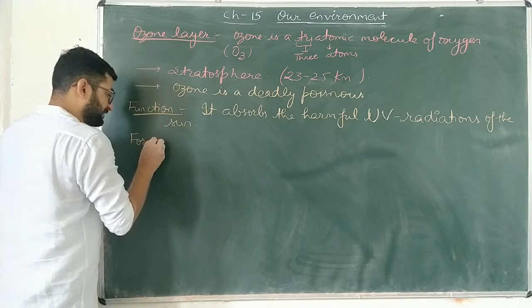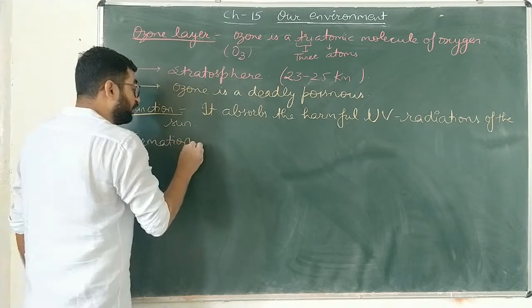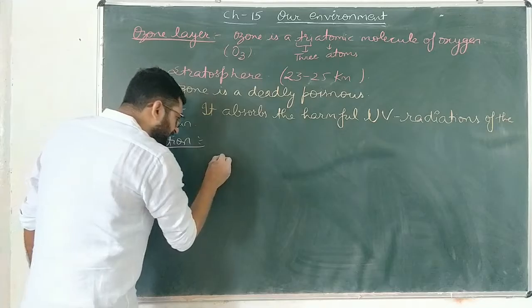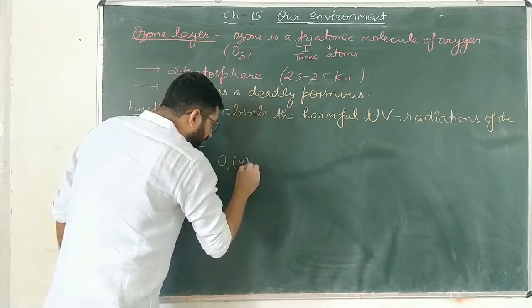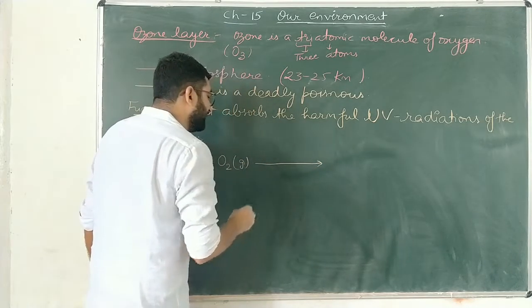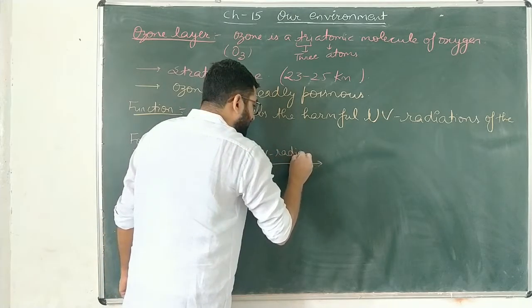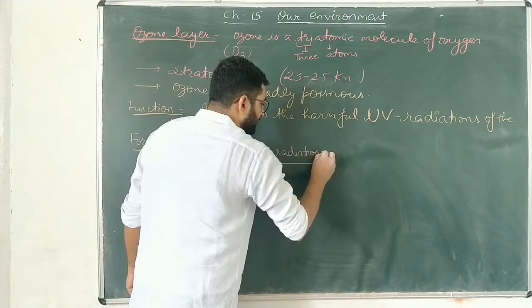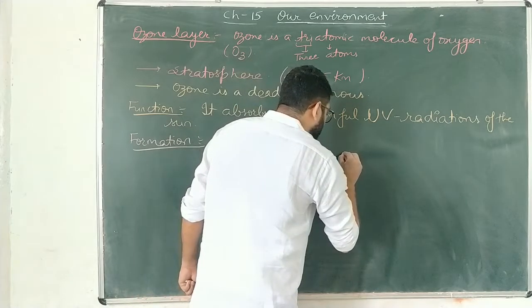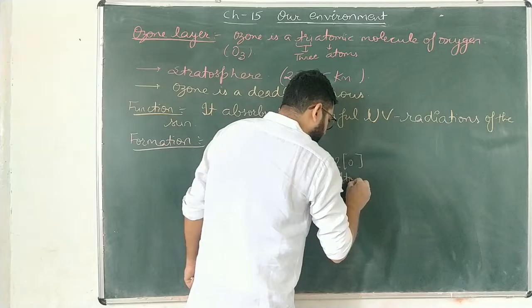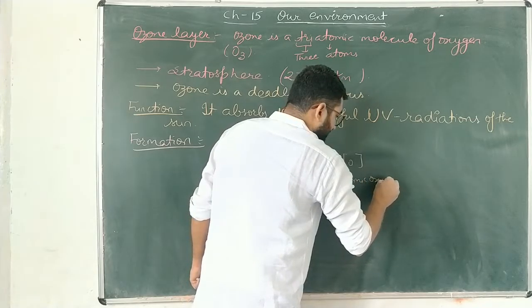Next we'll discuss how this ozone forms. Oxygen gas molecules present in the atmosphere will be broken up by the ultraviolet radiations and lead to the formation of atomic oxygen.